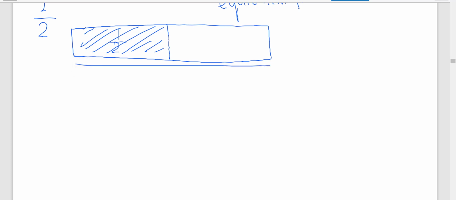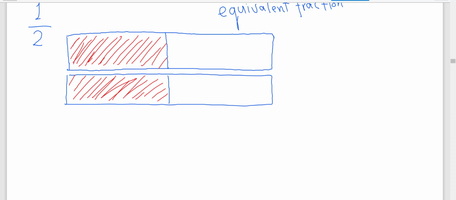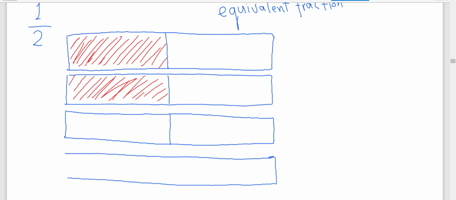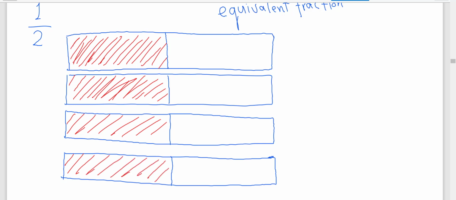This is 1/2, and draw another 1/2, and divide it into 2 equal parts. This part is 1/2, and this part is 1/2.